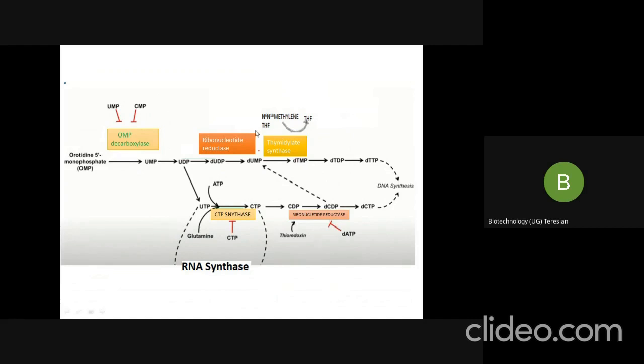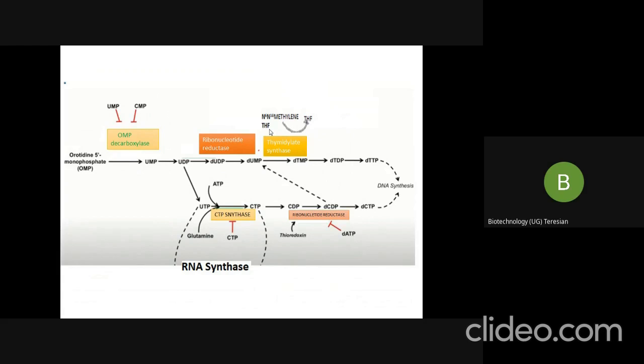The cofactor you can see is N5,N10 methylene tetrahydrofolate, which gets converted into dihydrofolate. We require folic acid for this synthesis.